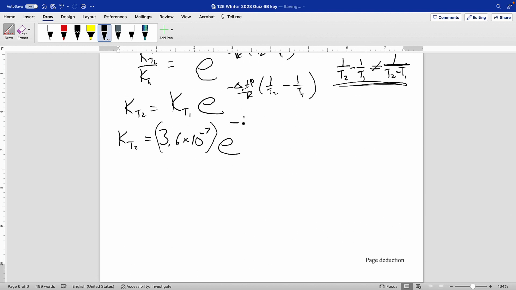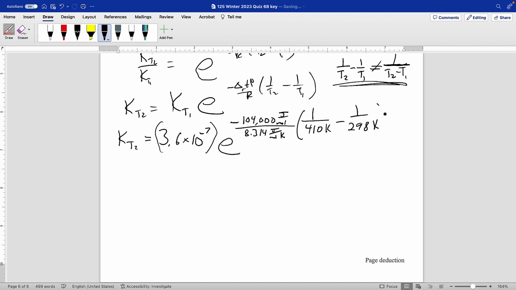So we've got a positive 104 kilojoules per mole divided by R, 8.314 joules per mole per Kelvin. And how do we know that it's this R? Because we're going to need to cancel the units. And we can check later just to make absolutely sure we're right about that. And we're going to 410 Kelvin. We started off at 298.